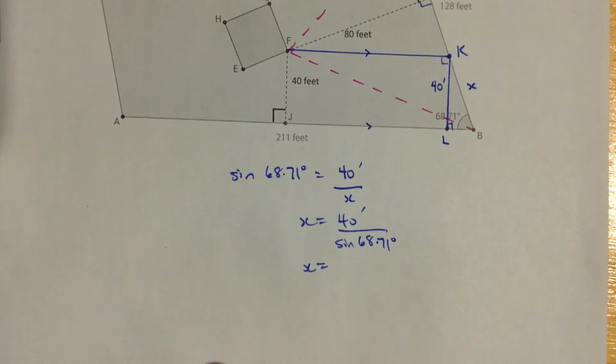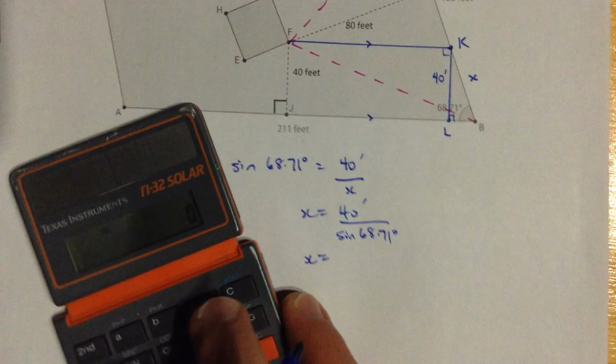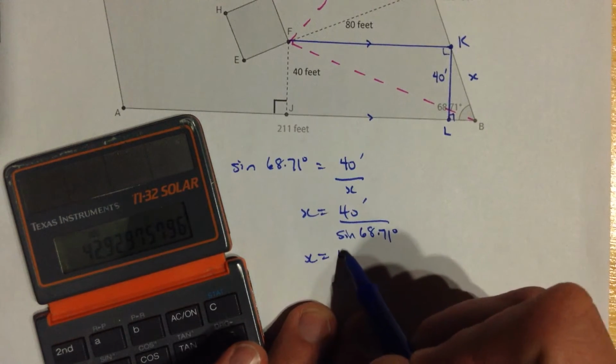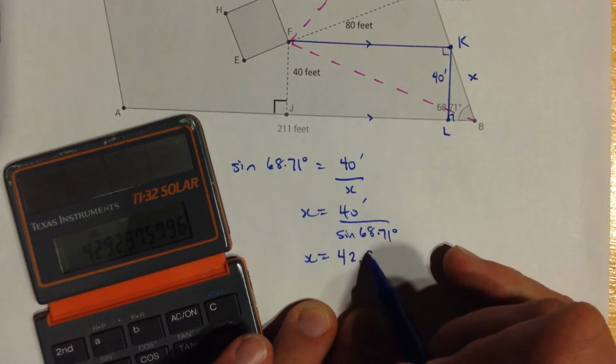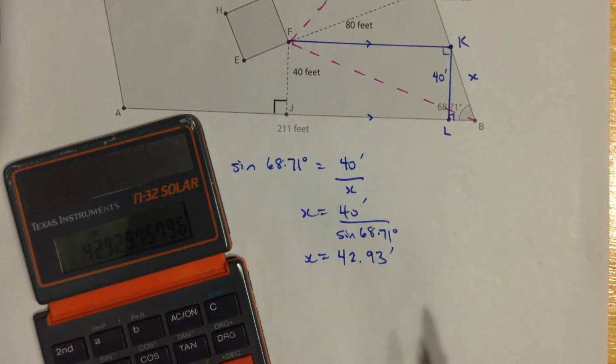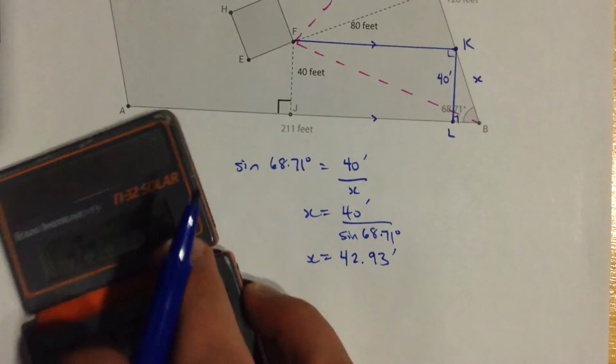I'll grab my fantastic old school calculator, and 40 feet divided by sine of 68.71 degrees gives me that length is about 42.93 feet. Okay, that's pretty nice. So that one's done.